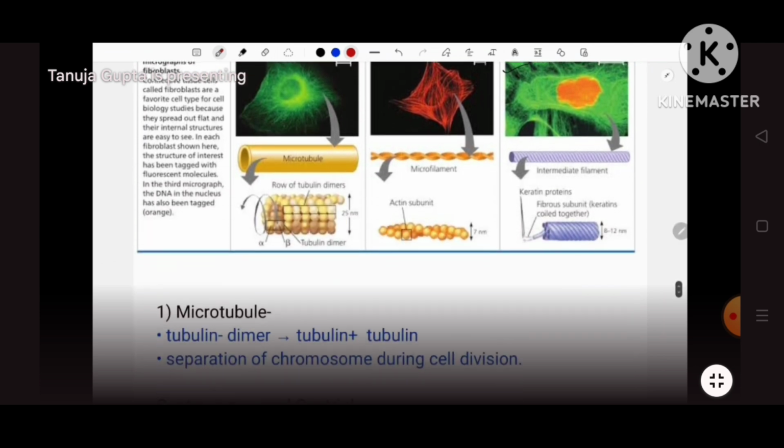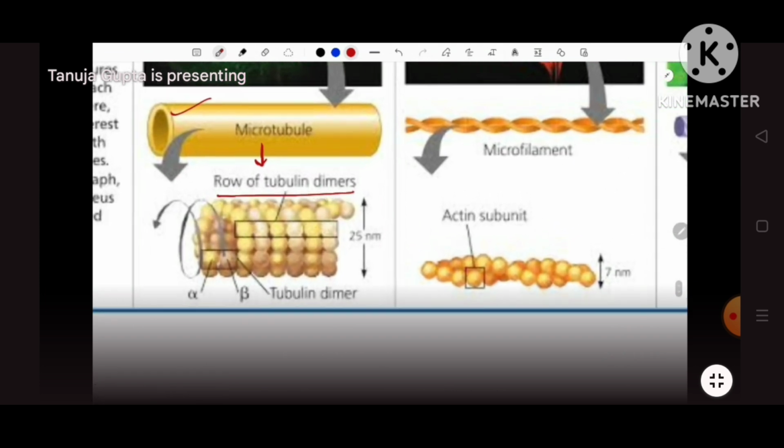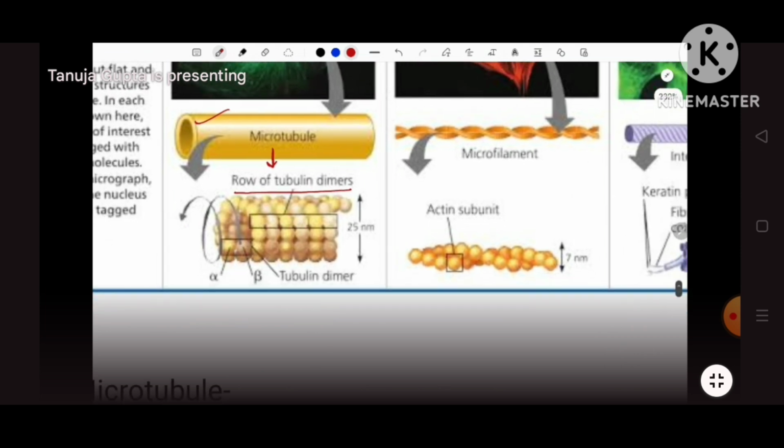Here microtubule is given, a hollow tube. If we see its structure, there is a row of tubulin dimers coiling like this, and this is how they make a hollow tube.